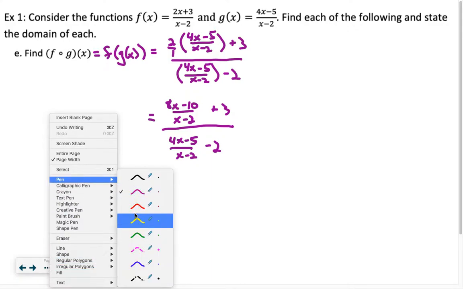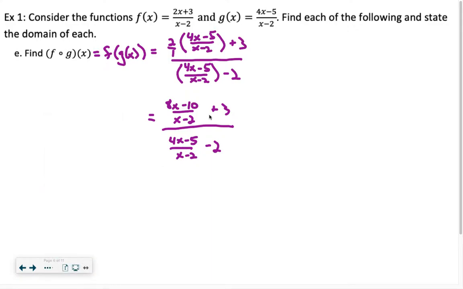Now, to simplify this, let's make both the numerator and denominator a single fraction. To do that, we need to get like terms. So if I'm thinking about this as 3 over 1, to get common denominators, I need to multiply both the numerator and denominator by x minus 2. Okay? Same thing down here. To get common denominators, I need to multiply top and bottom by x minus 2.